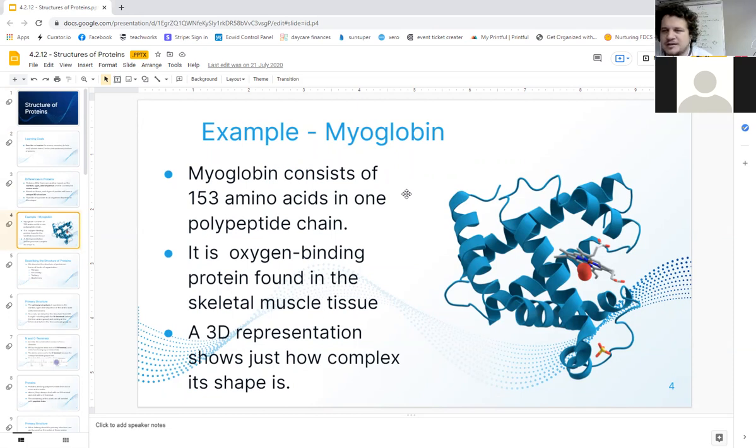Now that looks really complicated. It kind of is. But all those twists and turns and sheets and helices and spiderweb looking things are parts of the protein that have twisted and contorted because of the intermolecular forces that are present.